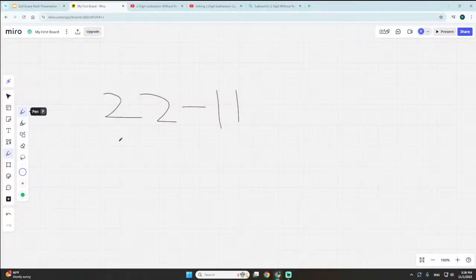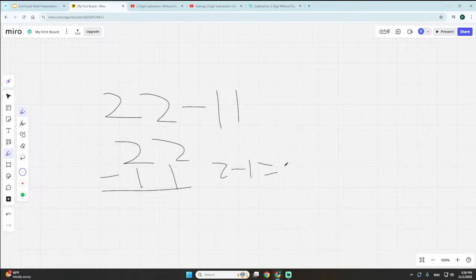Okay, so let's go over it now. We get 22 minus 11. The ones place here is 2, the ones place here is 1. So 2 minus 1 equals 1. Here, the tens place is 2 for 22, and then for 11, the tens place is 1. So 2 minus 1 is 1. So we get 11.